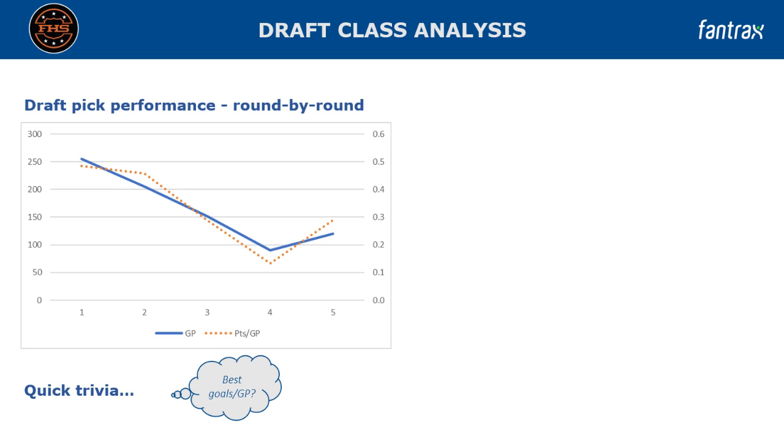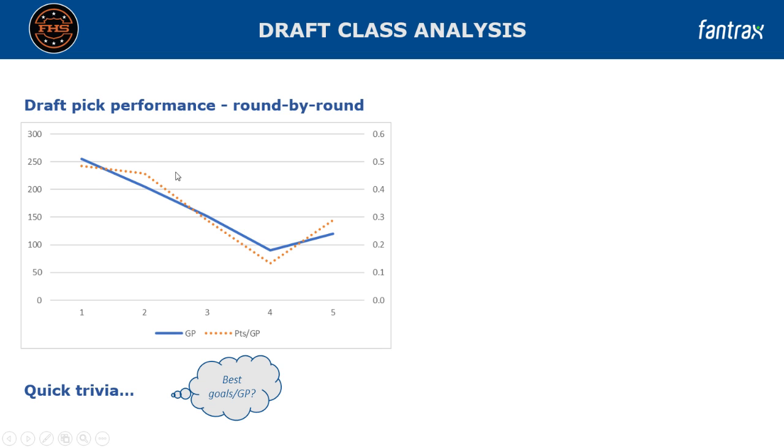So starting by looking at round by round, here we have the 5 rounds. This was a typical 5-round draft that we had like for most of the year so far. And the blue line is the games played per player of that round, and the dotted line is the points per game played. So basically, blue line is quantity, orange dotted line is quality of the players.